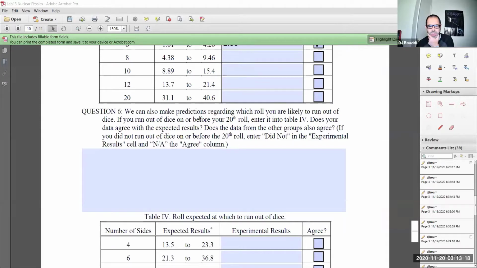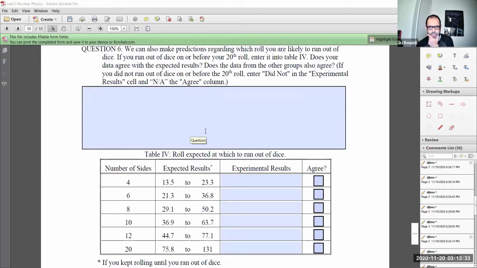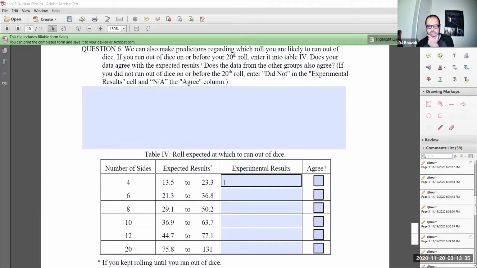We can also make predictions regarding which roll we are likely to run out of dice. If you run out of dice on or before the 20th roll, enter it in table 4. This table, what you need to do now, is find when you would run out of dice.